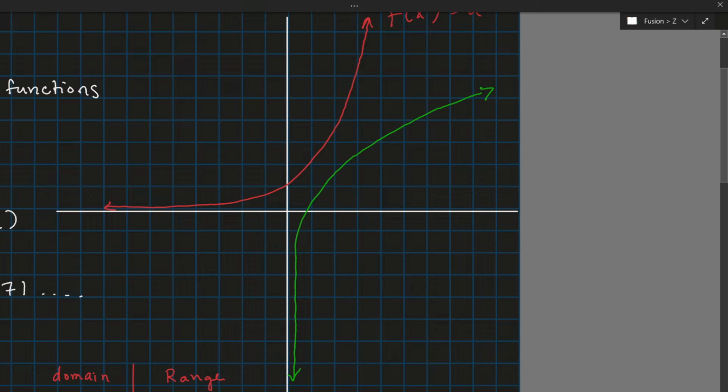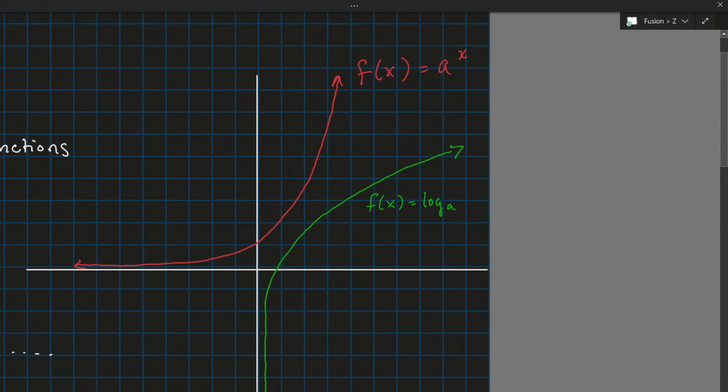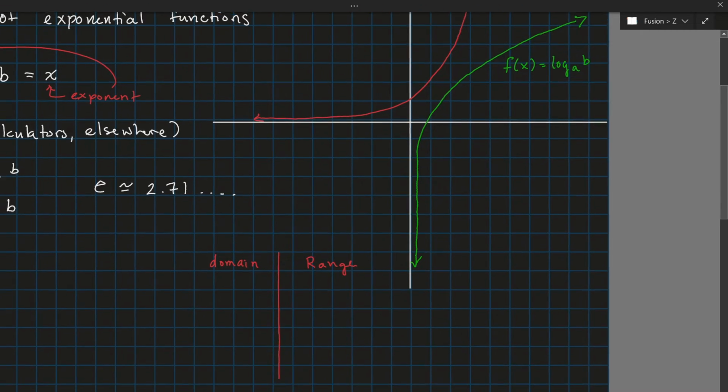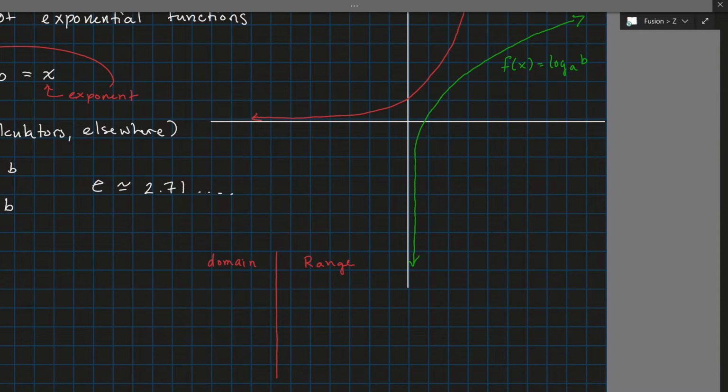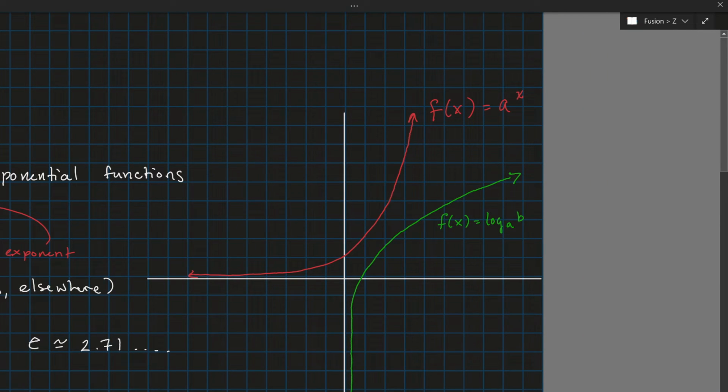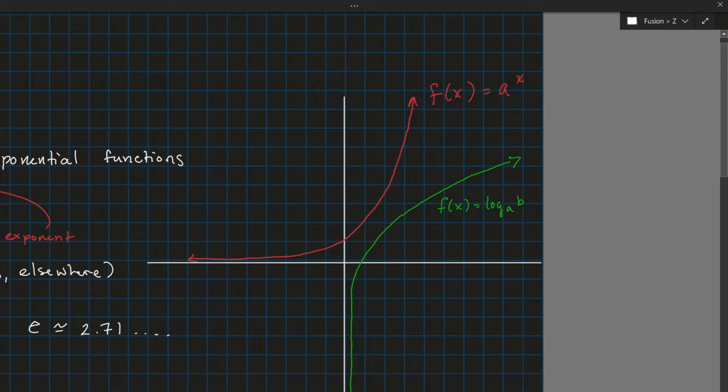And again, it's the inverse function of an exponential. So yeah, only the green one is the log, and it'd be log base a of, well, b, something like that. So what is the top one equal? f of x equals a to the x. Yeah, and the bottom one is log.